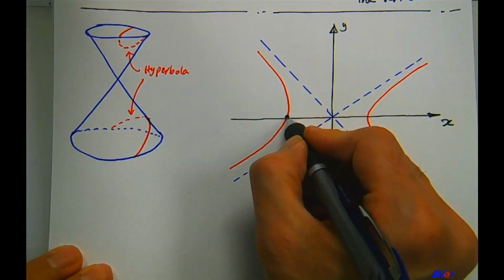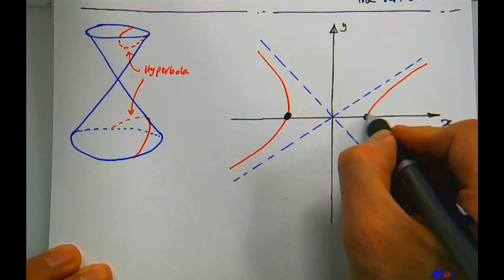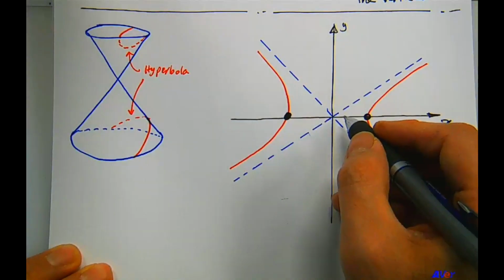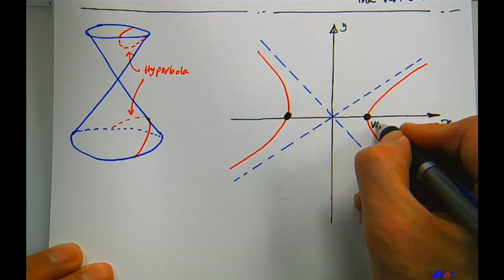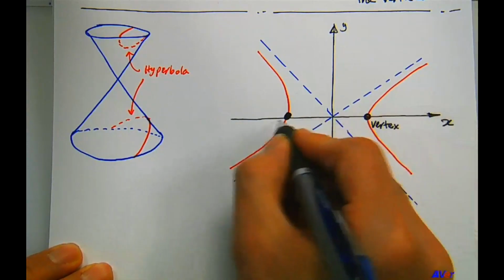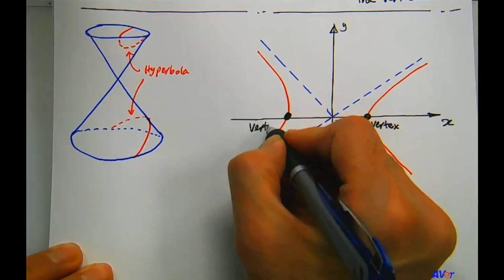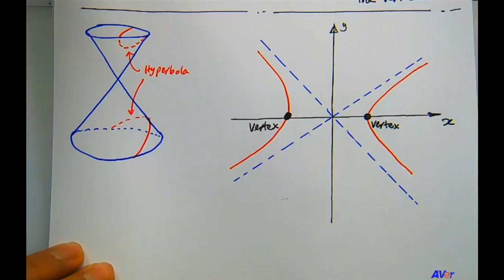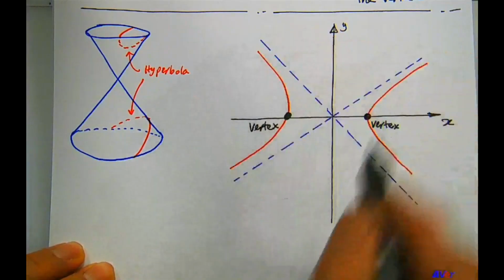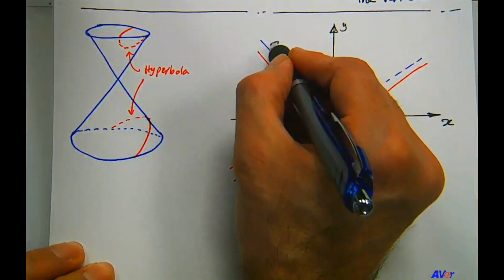And then this would be the vertex, these 2 points. That's a vertex. That's also a vertex. So only 2 vertices. These 2 dashed lines are the asymptotes.